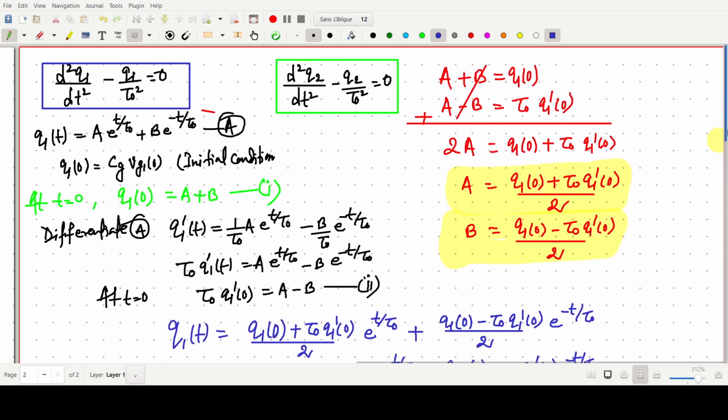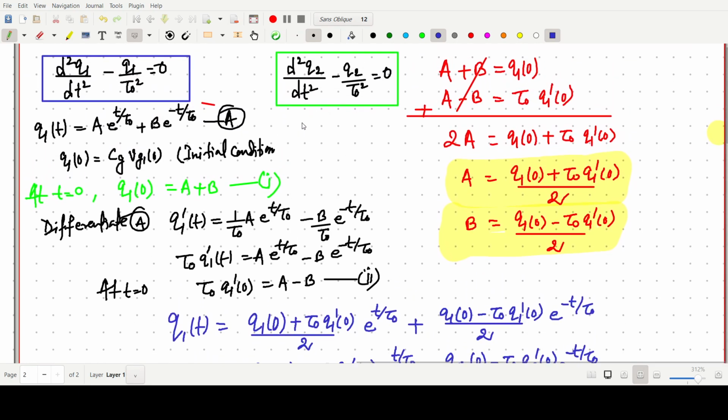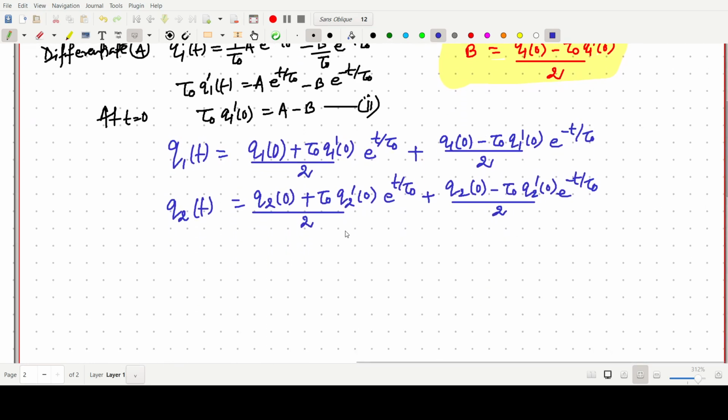Because this one is a second order differential equation, if we solve for this one, it will also come as A times e to the power T by T naught plus B e to the power minus T by T naught. If you go and solve, it is a very simple mathematical calculation. We will get this. Okay, so this one is one expression.